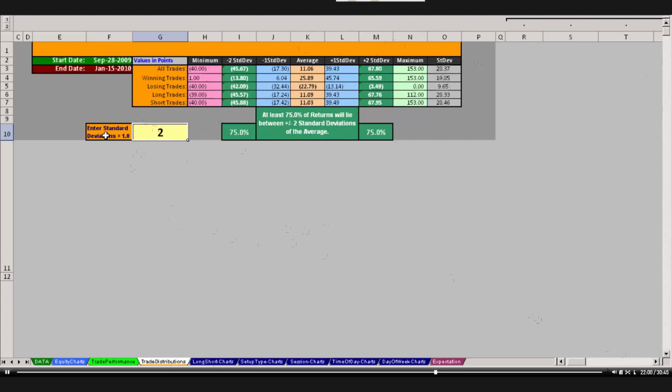Absolutely. Now, if you want to narrow down the standard deviations, you have to enter a number greater than 1. It says that over in the column here in F: enter standard deviations greater than 1. So we'll enter 1.1. Well, at 1.1 standard deviation, there's only a 17% chance, that's the number here, that it'll fall between positive 4 points and a positive 47 points.